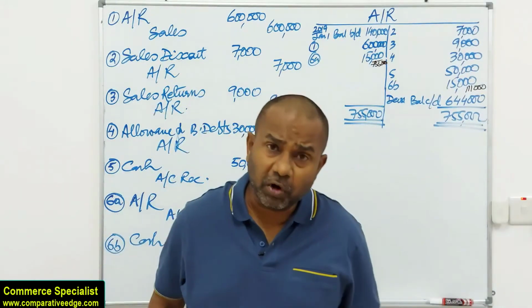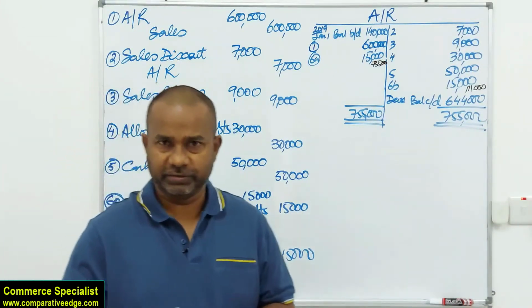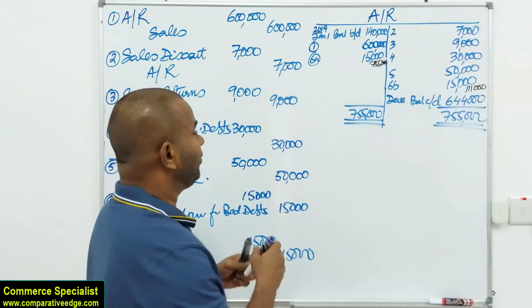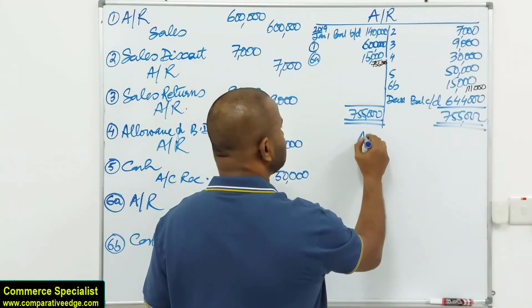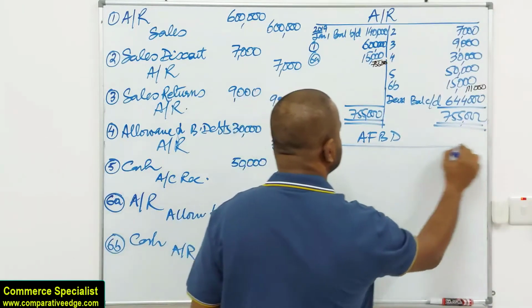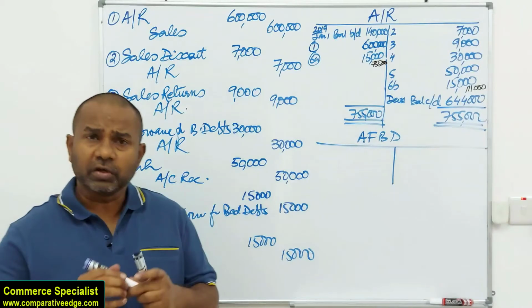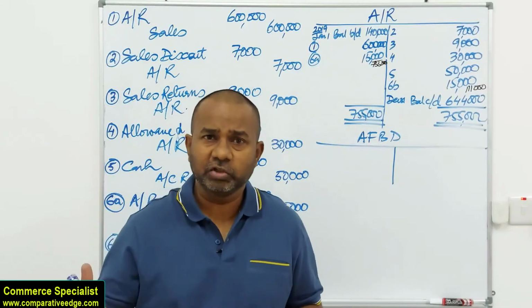Now the next important account I need to look at is allowance for bad debts. So I'm preparing another account which is allowance for bad debts. In the question, if you want, you can rewind and check.